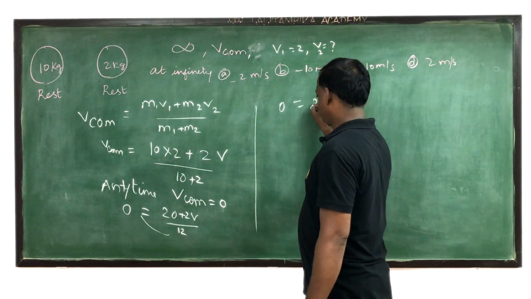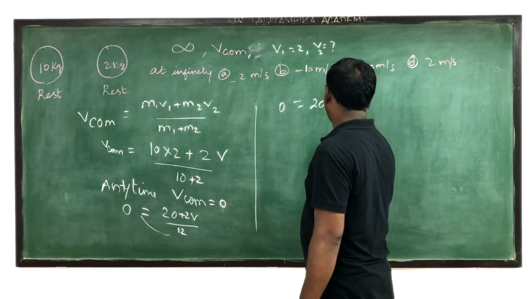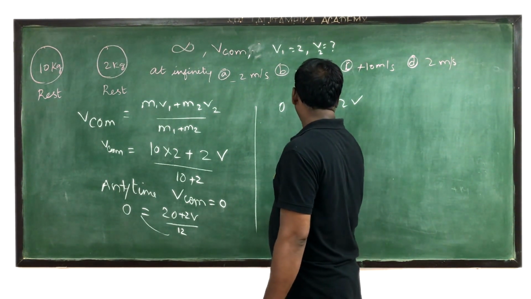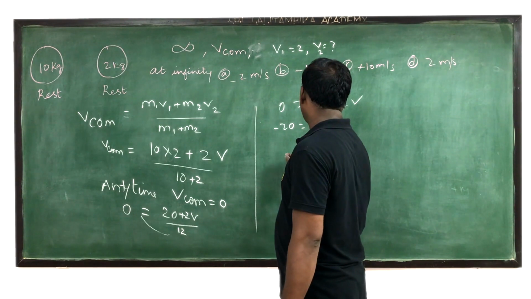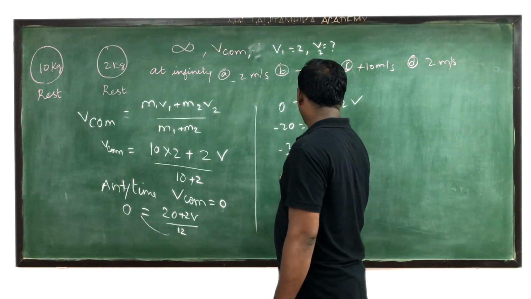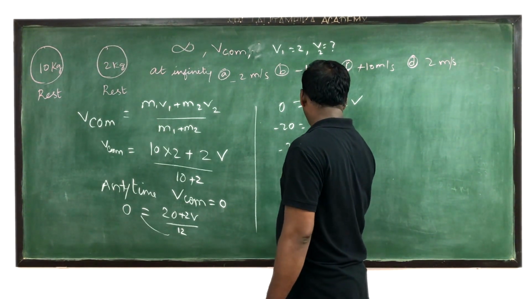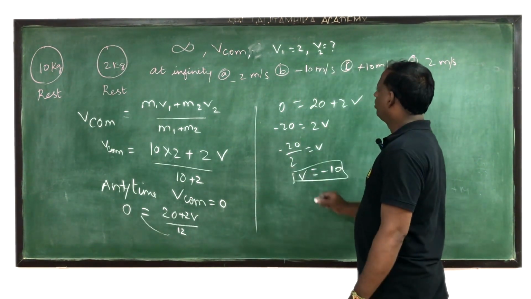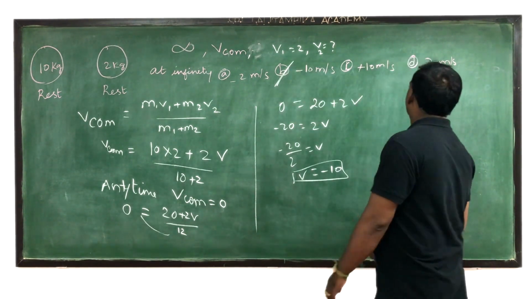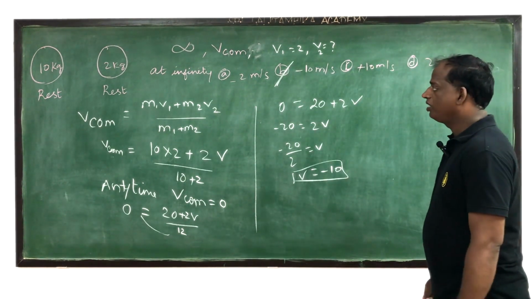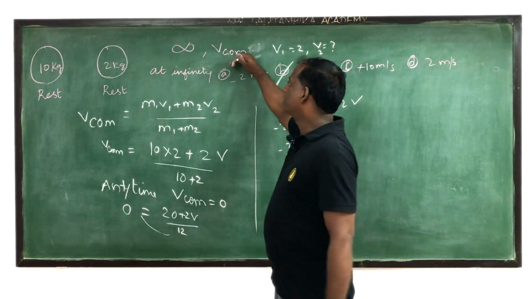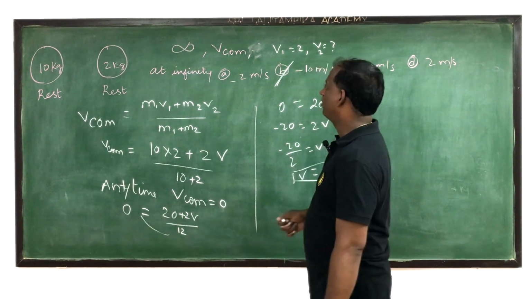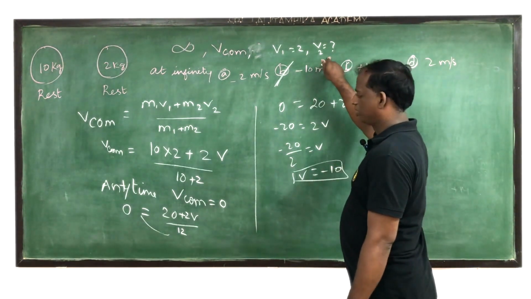That is 0 is equal to 20 plus 2v, or we can state 2v is equal to minus 20, or minus 20 divided by 2 is equal to v. V is equal to minus 10. அப்ப ஆன்சர் என்னது? V is equal to minus 10. So இது எப்படின்னா velocity of the center of mass considering at infinity. Find the velocity of the center of mass of the other particles.